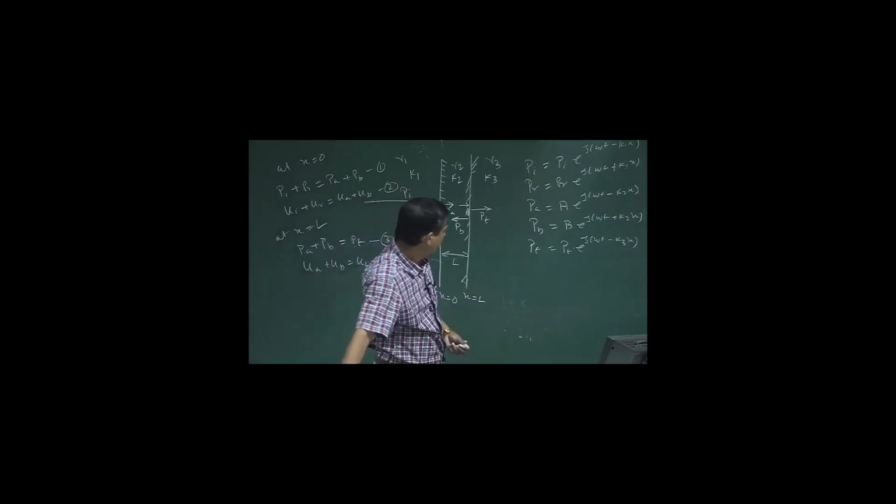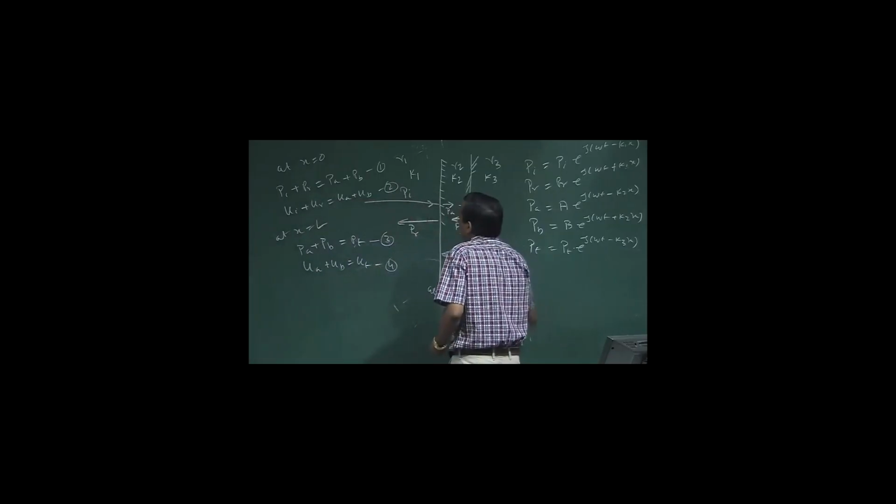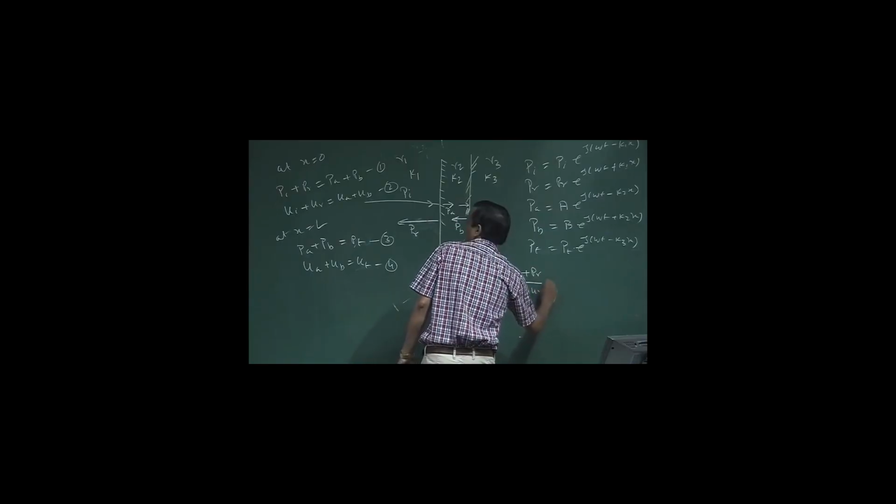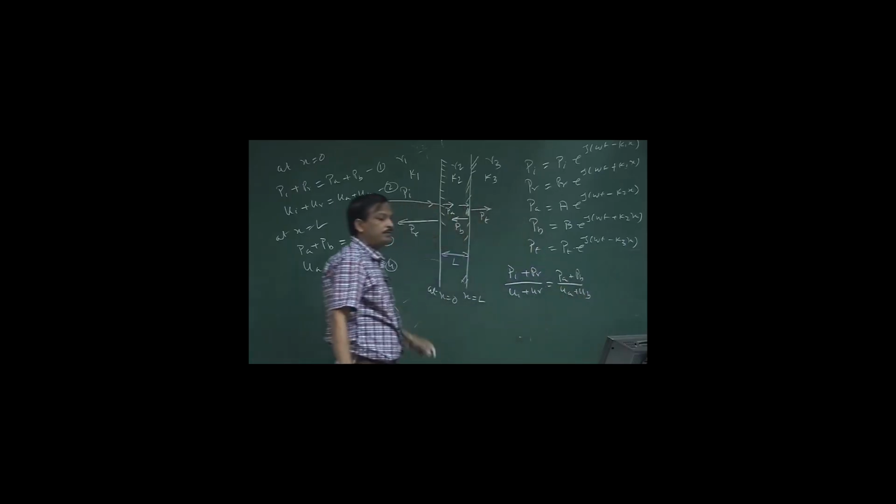Now, if I divide equation number 1 by 2, I get (Pi plus Pr) divided by (Ui plus Ur) is equal to (Pa plus Pb) divided by (Ua plus Ub). So at x equal to 0, what is Pi?